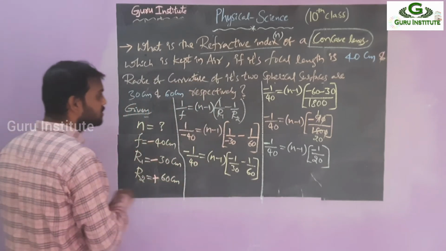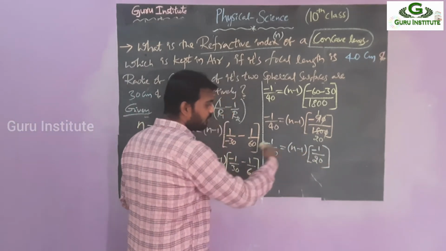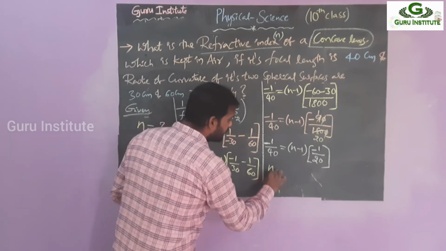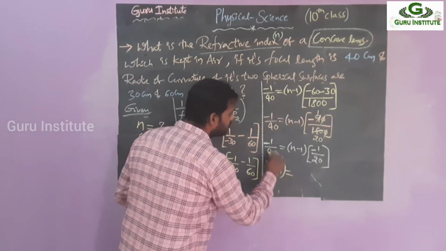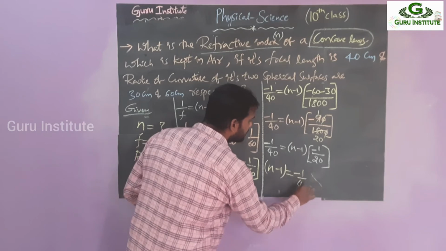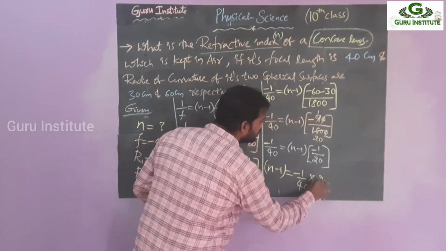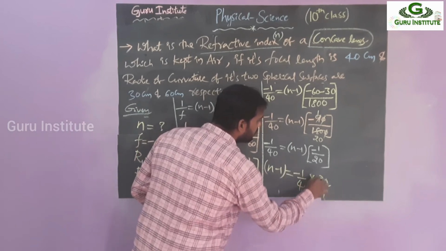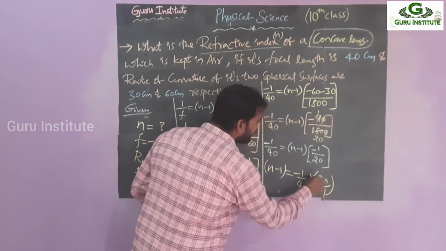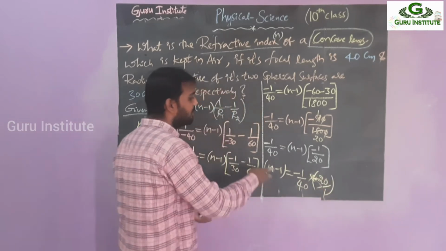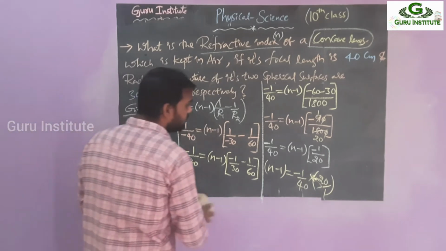Simply you have to move this total minus 1 by 20 to the left side. What do you get? N minus 1 is equal to minus 1 by 40 into 20 by 1. But it should be minus. It should be minus. Okay, see here, no need to confuse.